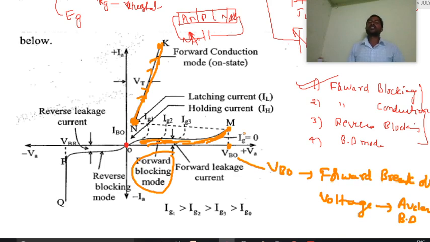These characteristics are similar to the VI characteristics of the diode.